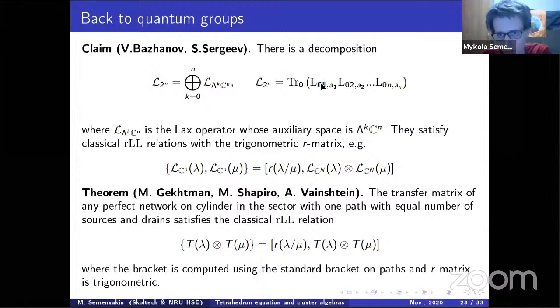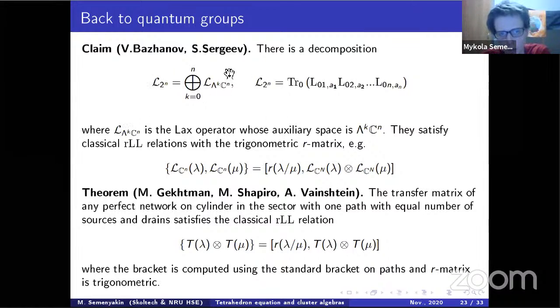As we work in the classical limit, this is a matrix depending on some Poisson variables. And their statement was that this matrix decomposes into blocks, and the sizes of these blocks are binomial coefficients, n choose k.